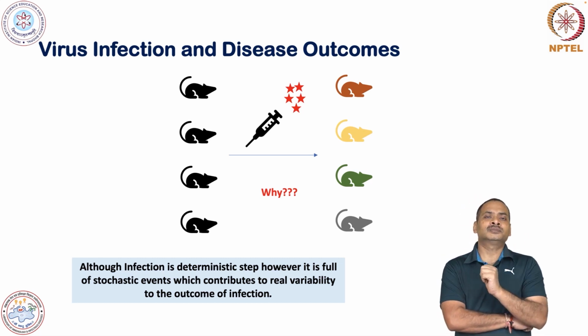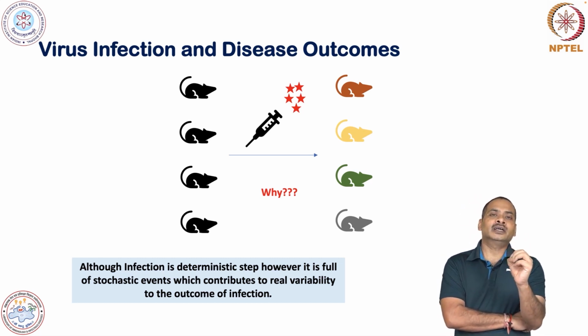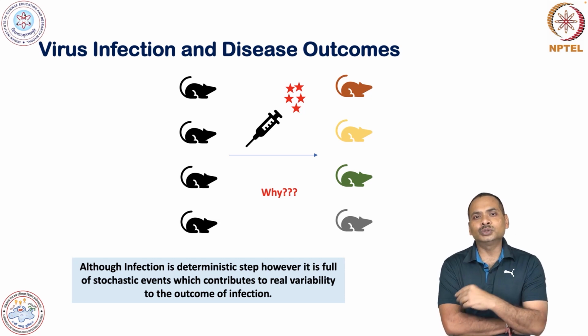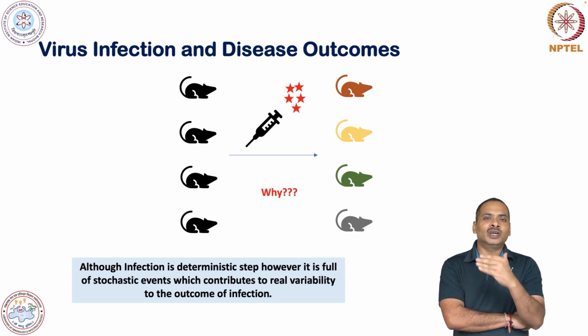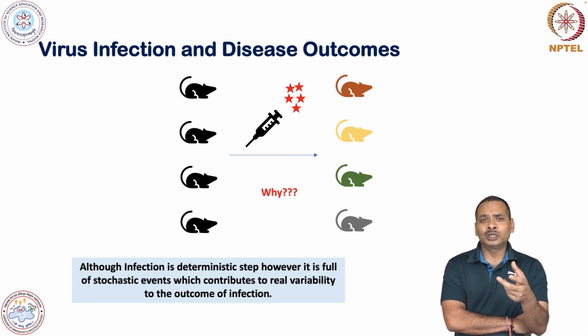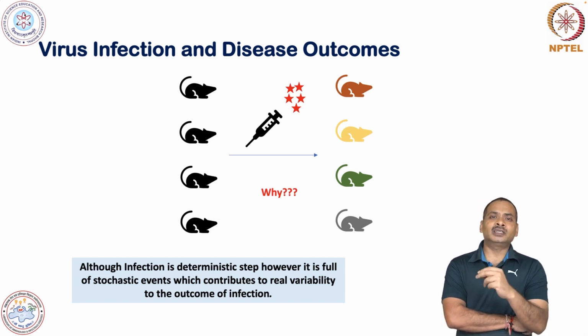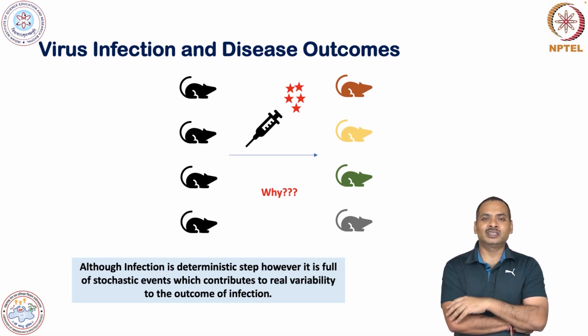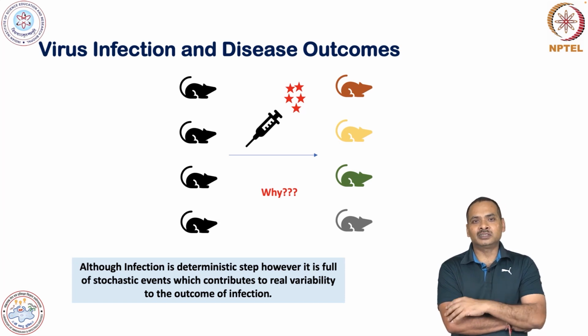For example, this virus has more infectivity in epithelial cells but not in muscle cells. When you introduce the virus, in one case it will infect more epithelial cells, but in another case the virus will go more to the muscle cells. It is a very random and arbitrary example.